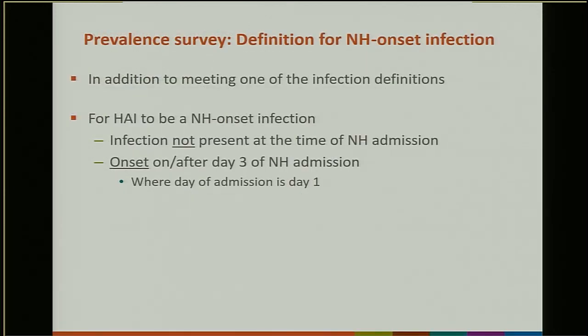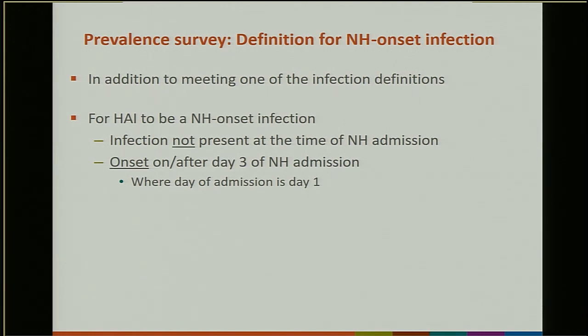For the point prevalence survey that we conducted, we had to put in place a definition for a nursing home onset infection, to identify those with onset in the nursing home versus those that were present at the time a resident was admitted to the nursing home.